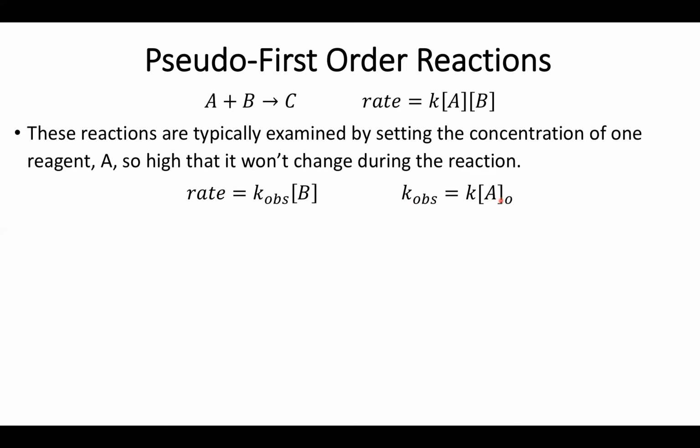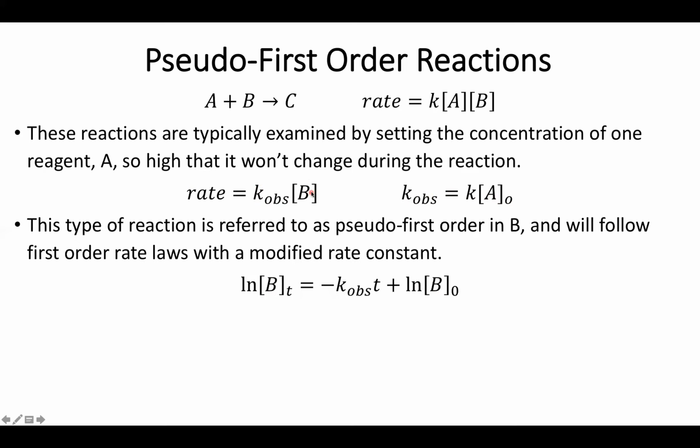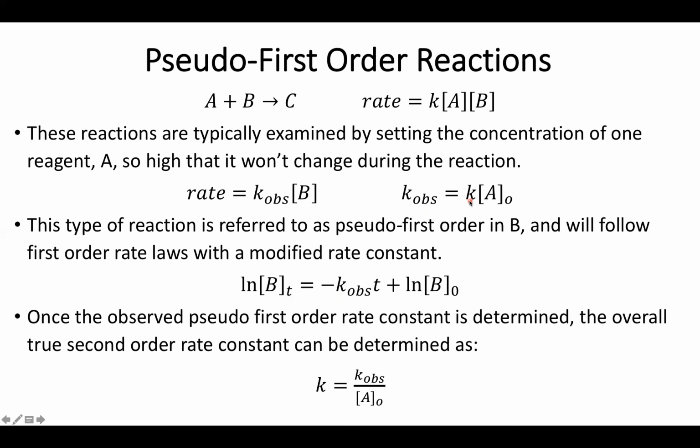So using this sort of pseudo first order rate reaction, where it isn't true first order, but it acts like it's first order in B, we can go ahead and treat this as a first order reaction in B. So we can go ahead and track how the concentration of B changes with time and use this to find our observed rate constant. However, from here, I need to try and back out from my observed rate constant to figure out the overall rate constant.